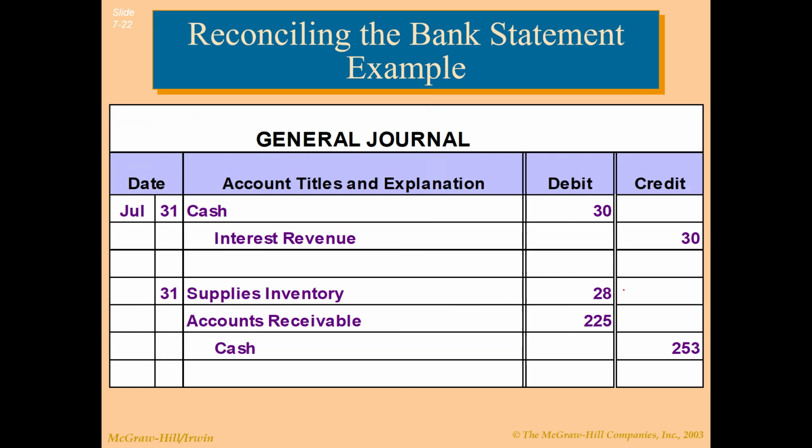So inventory is debited by 28 because it is an asset. In the same way, accounts receivable, because it was not collected due to non-sufficient balance, is also debited, and your cash would be credited because this cash is deducted from your account. So this journal entry is also needed.